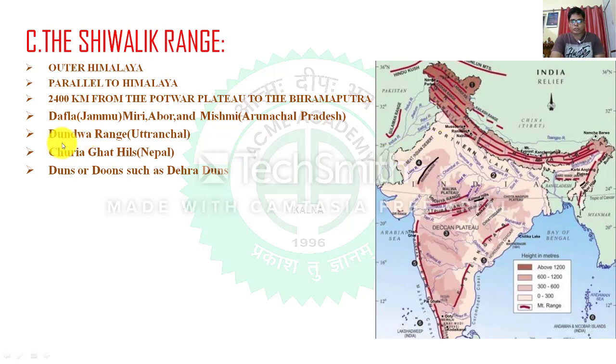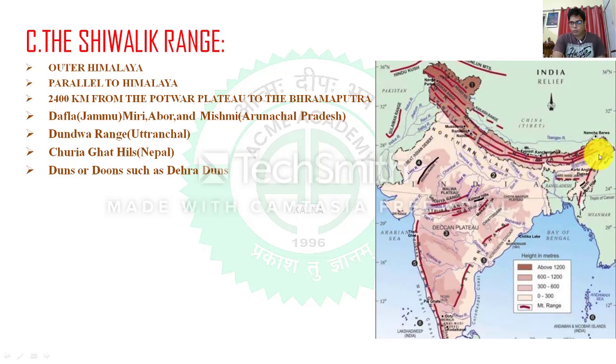Okay, and most of the ranges are located here: the Dudhwa range, and the Choria Ghat hills in Nepal. Here you can find that when the river completes its mountain course, it suddenly comes to the plain area, and the foothills of the Shivalik range suddenly deposit the coarse grain of stones and pebbles, and this forms the dunes.